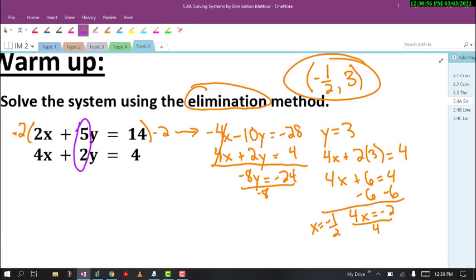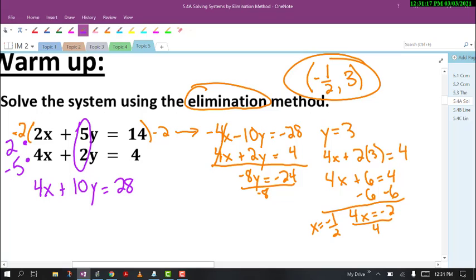So we'll multiply the first equation by 2, and we'll multiply the second one by -5. So we have that -y there. So when we do that, we're left with 4x plus 10y equals 28. And then our second equation will be -20x minus 10y equals -20.